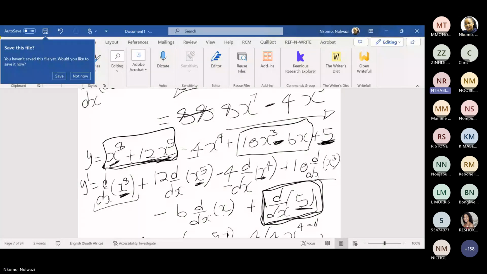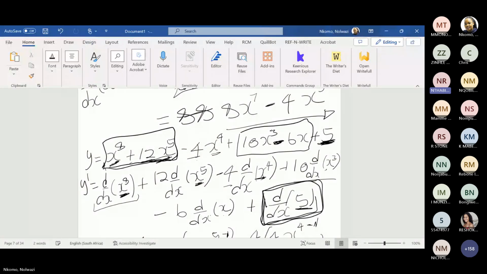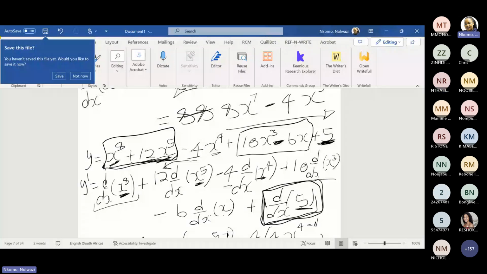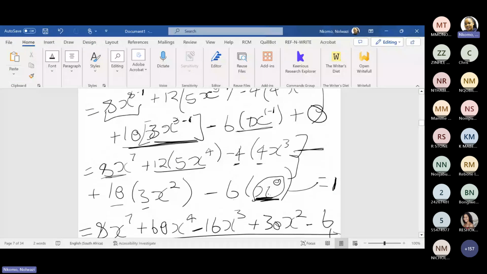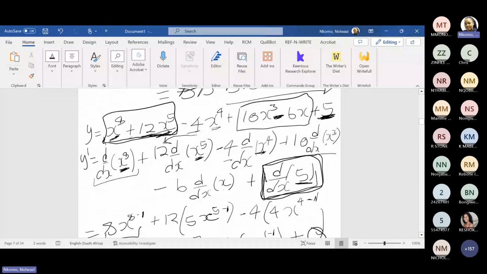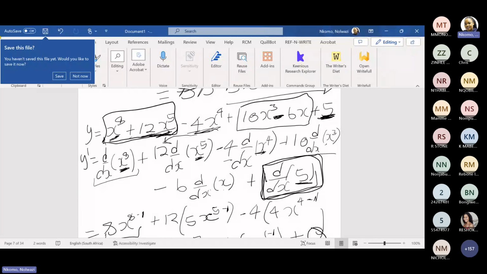So the minus 4x to the exponent 4, what function is that? The minus 4 times x to the power. Okay, where you took out this minus 4, you were applying rule 3.